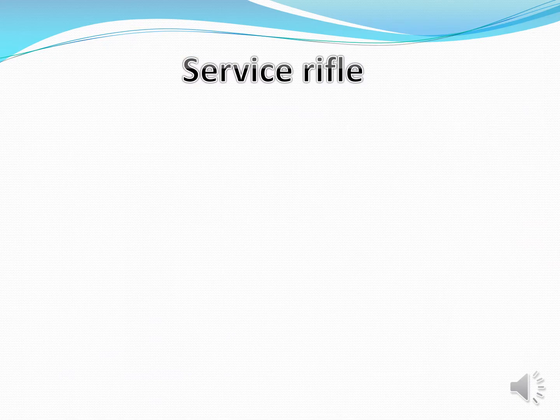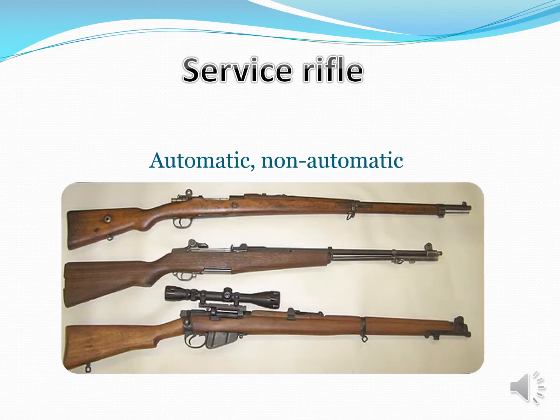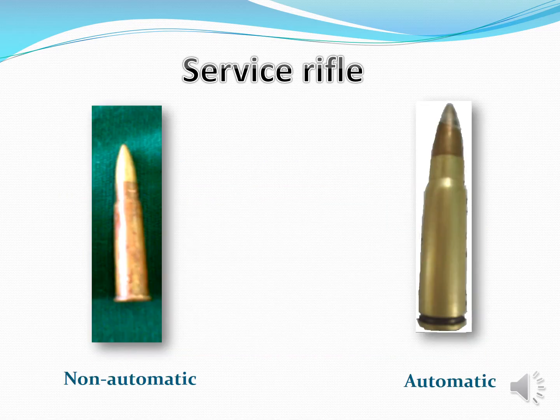The second type of firearm weapon is surface rifle, either automatic or non-automatic. How to differentiate between the automatic and the non-automatic surface rifle? This is a cartridge of surface rifled weapon, long rifled weapon. Describe it: it is long, made of brass.